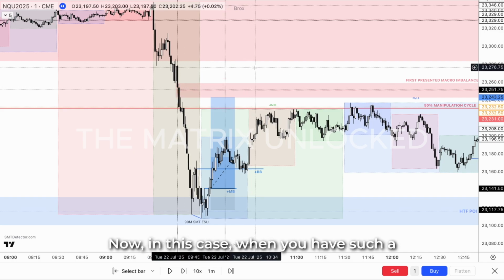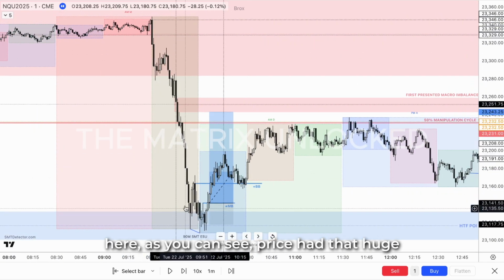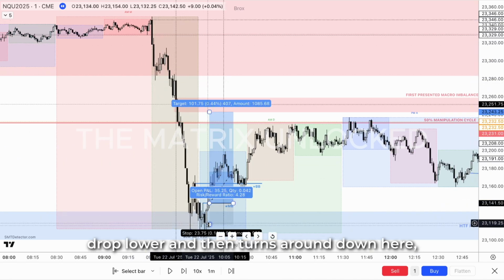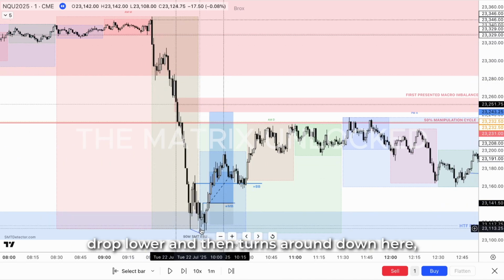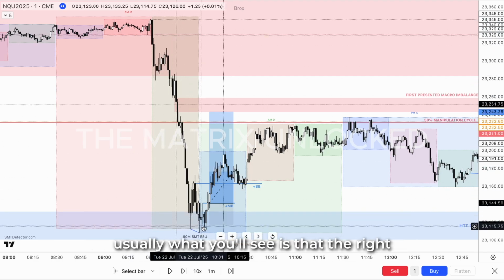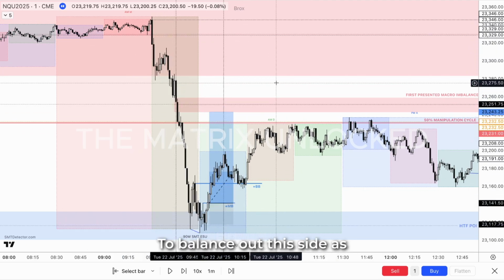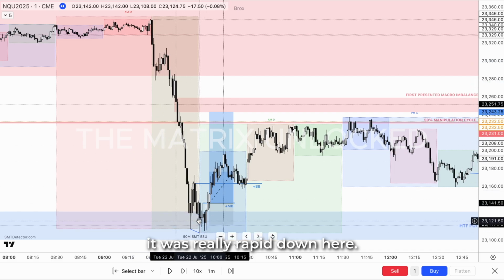Now in this case, when you have such a large manipulation move on the left side here, as you can see, price had that huge drop lower and then turns around down here. When you get a move like this, usually what you'll see is that the right side is going to be a bit slower. And the reason for that is that price takes its time to balance out this side, as it was really rapid down here.